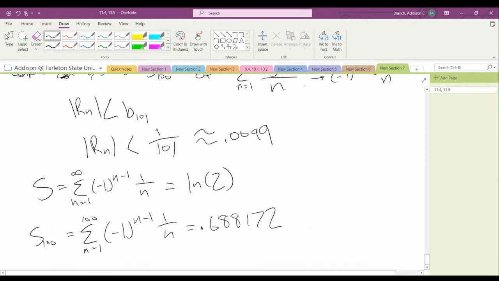Then if we take the difference of that, that gets us 0.004975. So we can see that that does hold true. Our actual error is smaller than our estimated error.